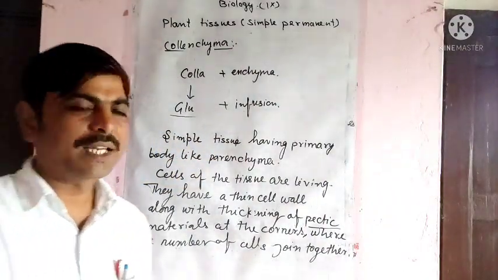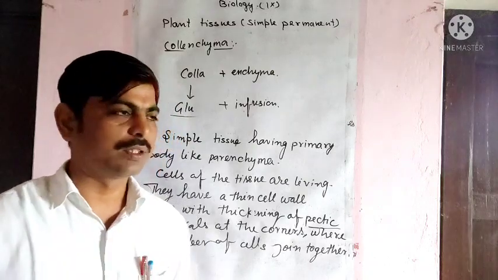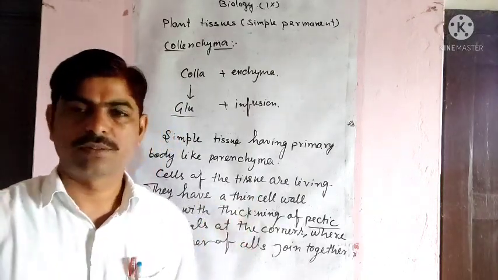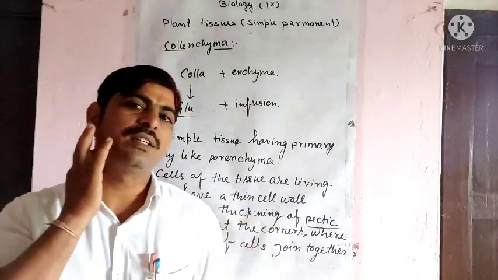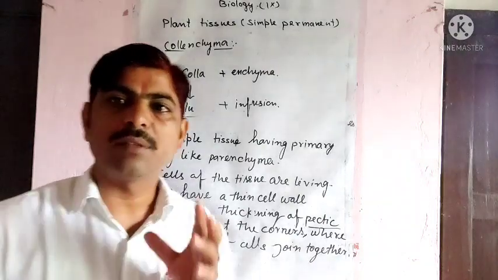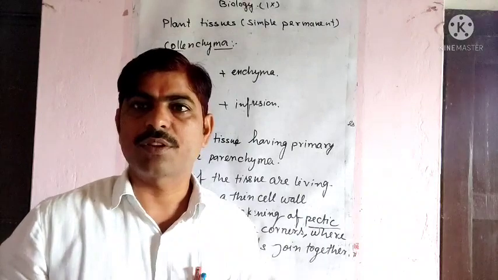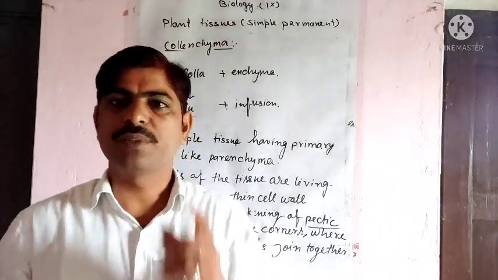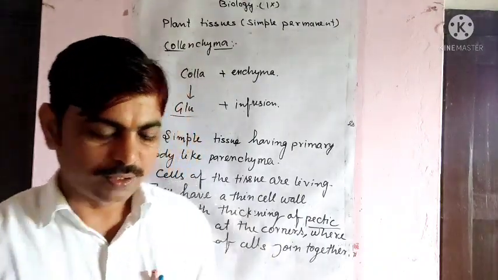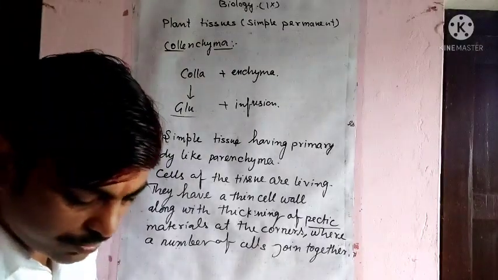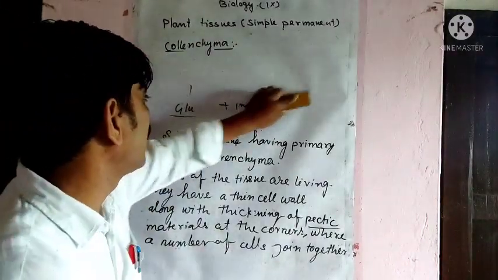This collenchymatous tissue is present in soft aerial parts of the plant, like the leaf stalk and mid-rib of the leaves.